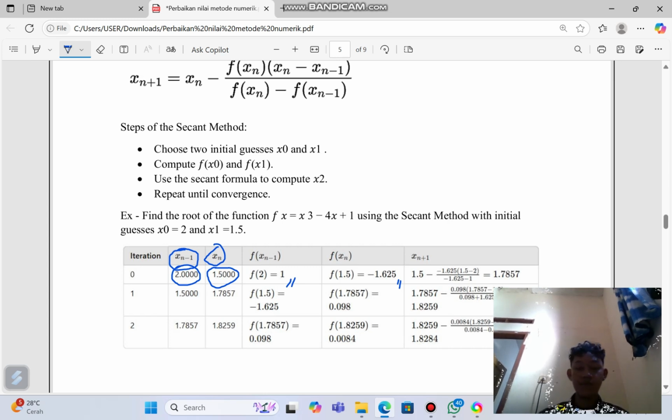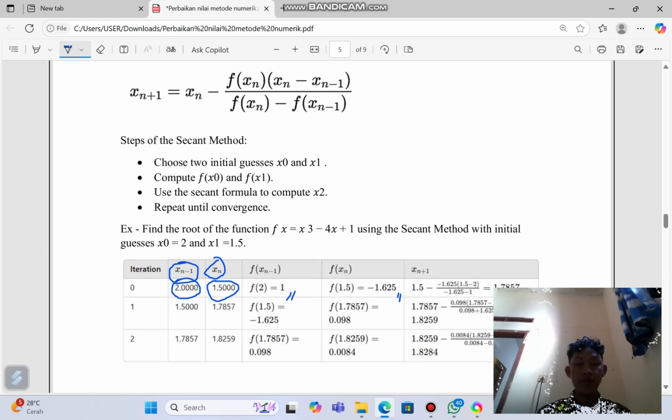After we get the value, we can substitute the value into the formula. In this formula, we know x_n is 1.5 minus f(x_n), which is minus 1.625.